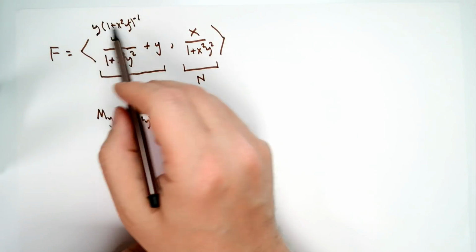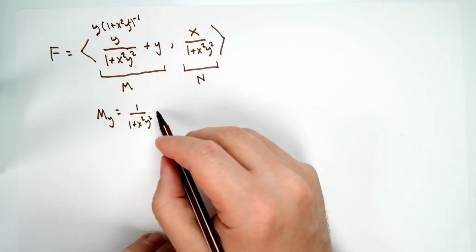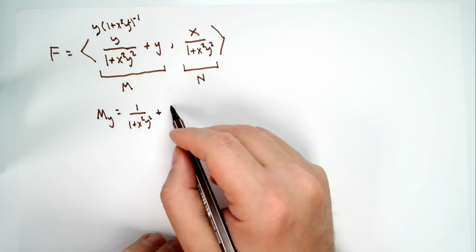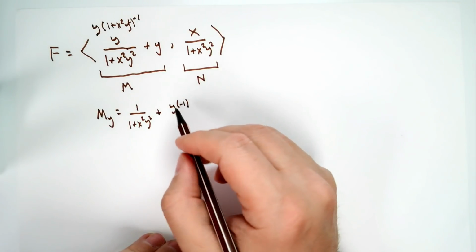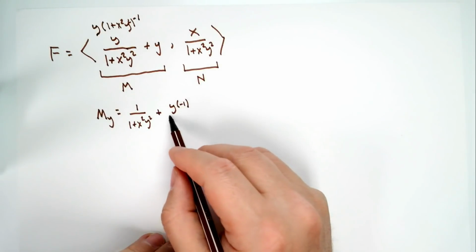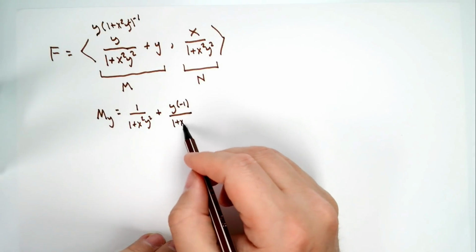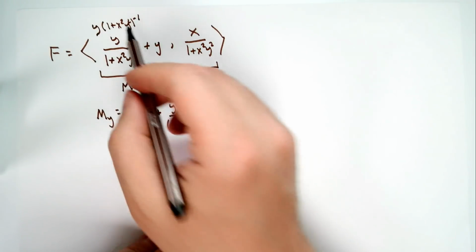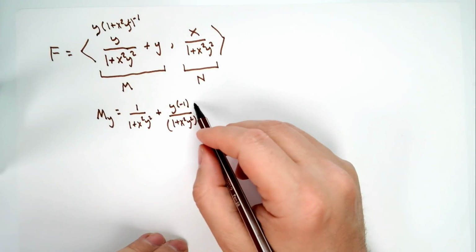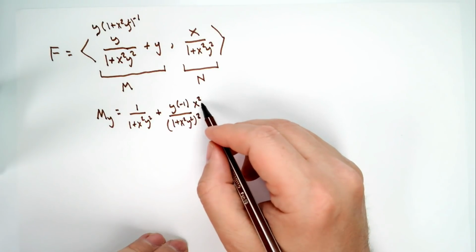So derivative of the first times the second, plus, then I'll have y times minus 1 times 1 plus x squared y squared to the minus 2, which will go downstairs, 1 plus x squared y squared, squared, times the derivative of the inside with respect to y, which will be x squared times 2y.